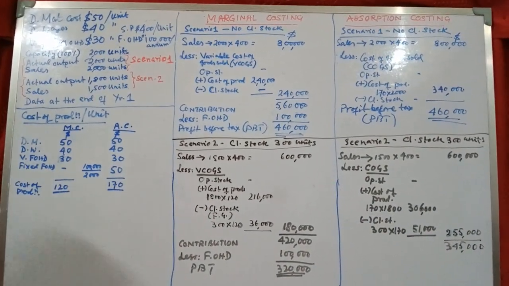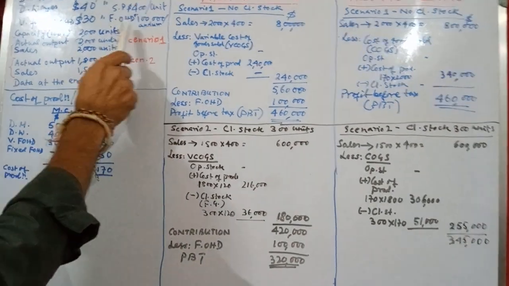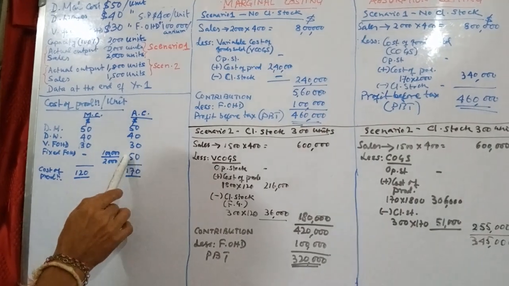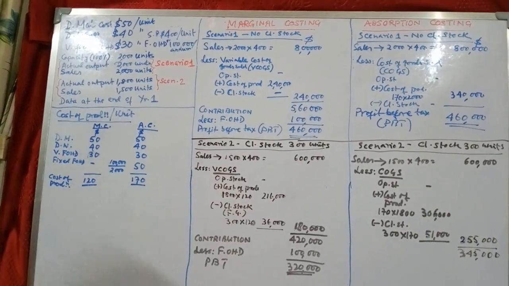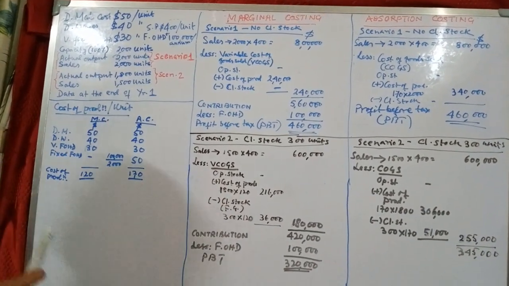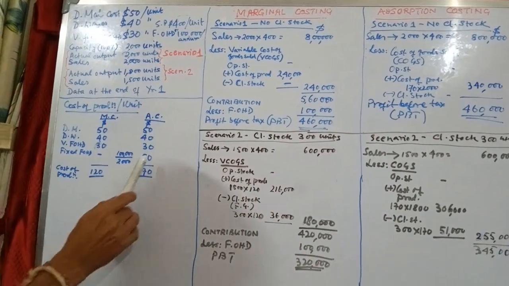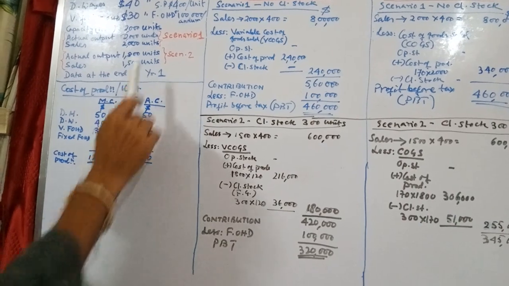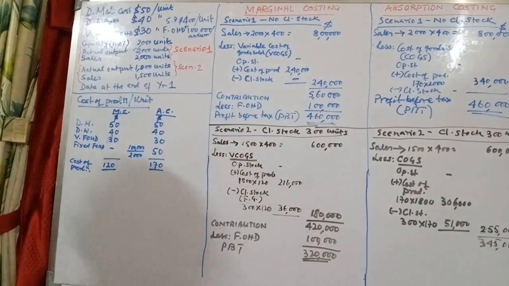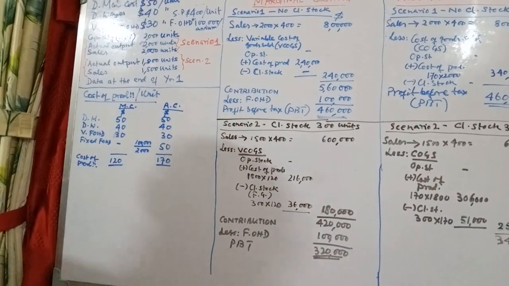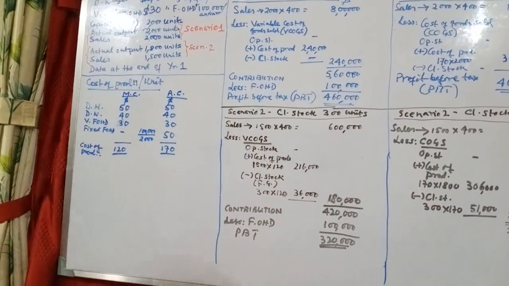Correct? So fixed overhead is being recovered at the rate of rupees 50 per unit. That is, if the firm produces 2000 units, then 50 into 2000 becomes 100,000. That means the fixed overhead is fully recovered or fully absorbed.